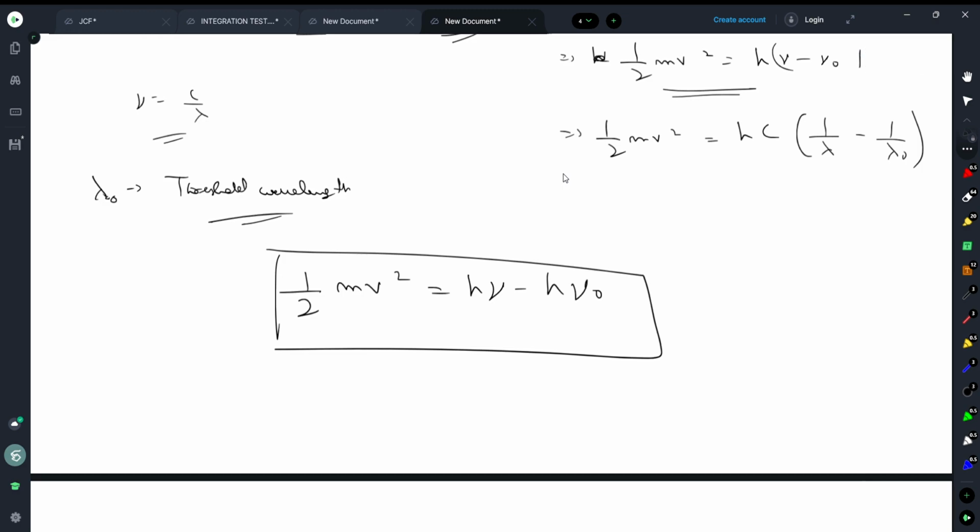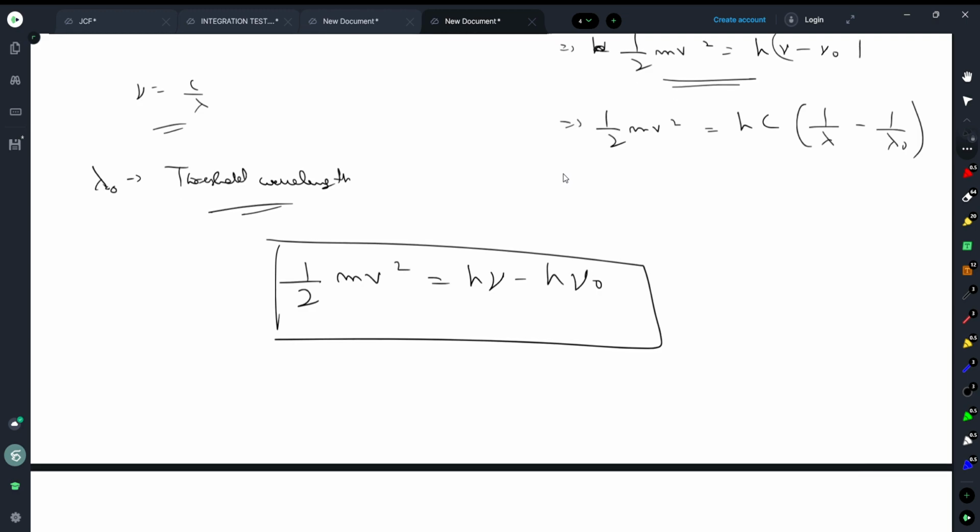Amongst all these electrons taking part in the photoelectric effect, one of the electrons has the maximum velocity. As we were already discussing, every electron does not have the same amount of energy. There is one particular electron which has the maximum kinetic energy amongst all the other electrons, right?